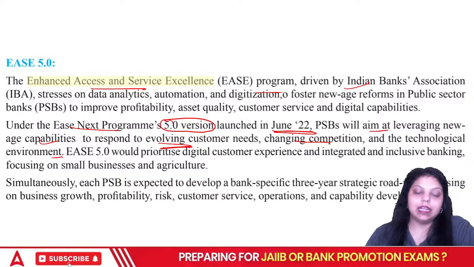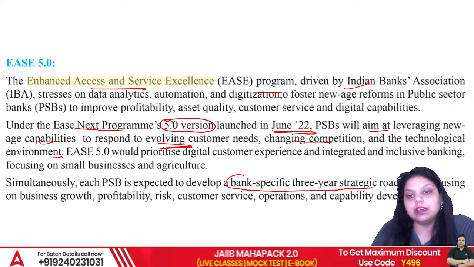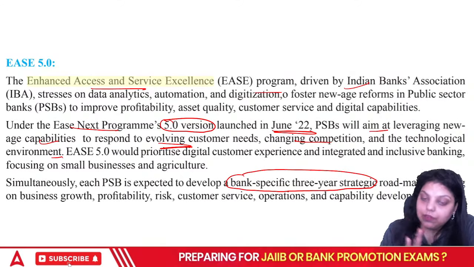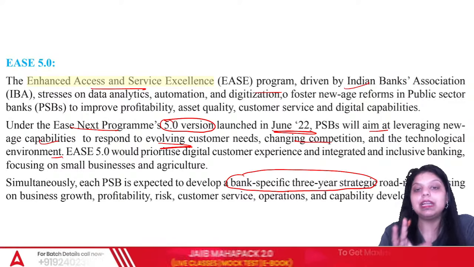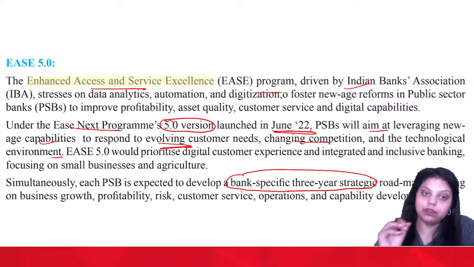Okay. And in the fifth reform, it has also said that a bank specific 3 years strategic roadmap will be made. For every bank, it will be specifically made, the strategy for the upcoming 3 years that we are talking about.